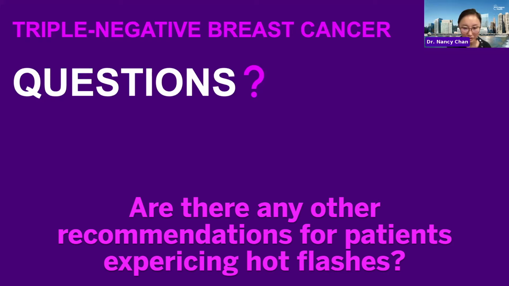Believe it or not, I also recommend that our patients exercise. A lot of the time, the vasomotor symptoms can get better as our patients develop a routine of regular exercise. So those are some of the non-pharmacologic approaches to treat hot flashes. And having a conversation with your oncologist is really important because it has to be a tailored approach.